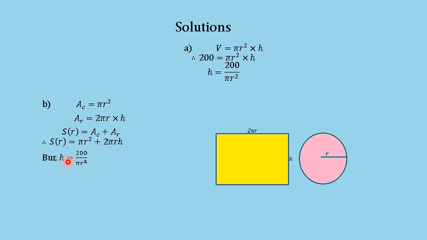But this h, we have calculated above: h equals 200 over pi r squared. Therefore, we have S of r equals pi r squared plus 2 pi r into 200 over pi r squared. Then we simplify this. Simplifying, we have S of r equals pi r squared plus 400 over r.